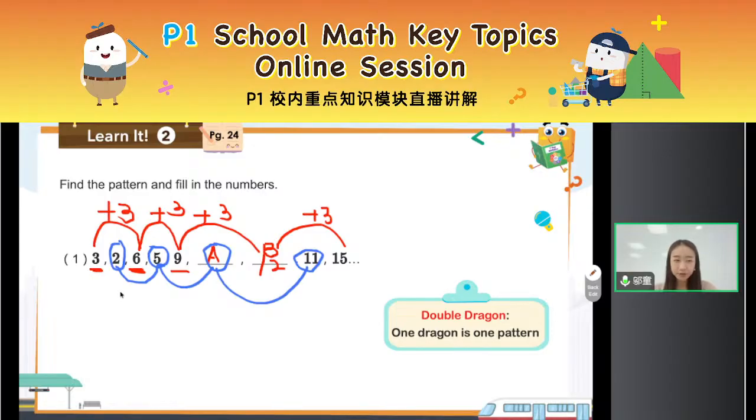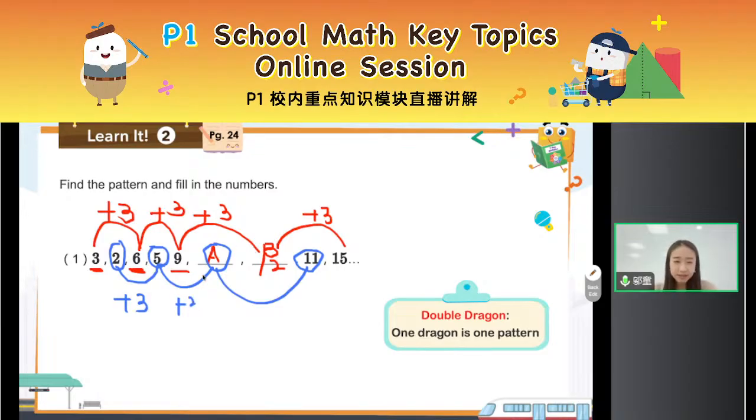For the blue dragon, do you realize the difference between each number? What is the difference here? Excellent, it's also 3, right? Wow, the dragons have the same number pattern, but they just land in a different order.